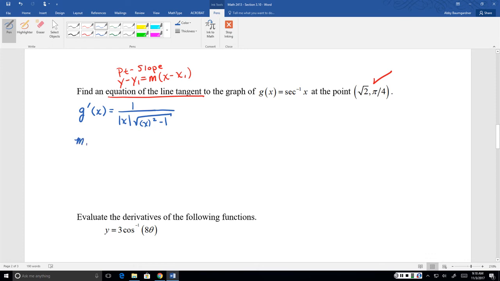So the slope of the tangent is 1 over absolute value of the square root of 2 times the square root of the square root of 2 squared minus 1.